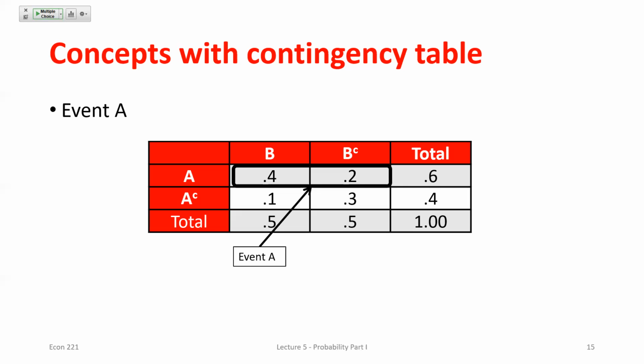So here, B complement is this entire space. Notice where A and B complement intersect is just this area right here, the crescent. So the probability of A and B complement represents this part of event A.